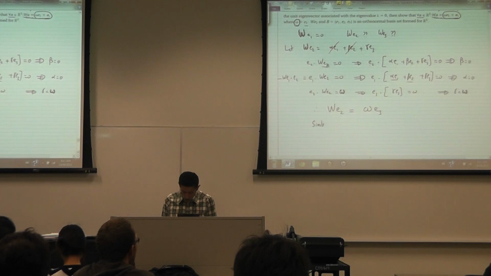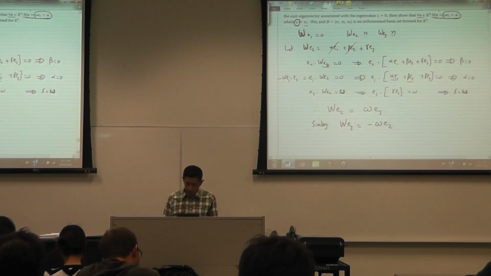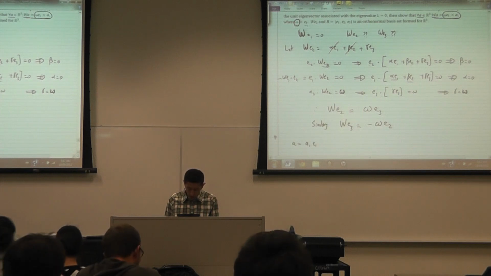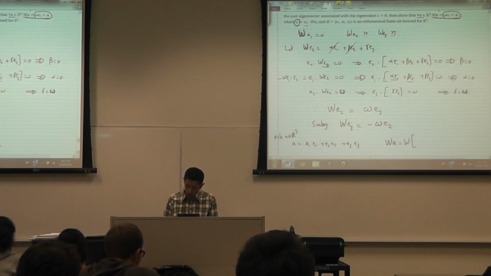Similarly, now if A is equal to A1 E1 plus A2 E2 plus A3 E3, so pick a random vector, what would happen when I multiply W by A? This is W by all these components.